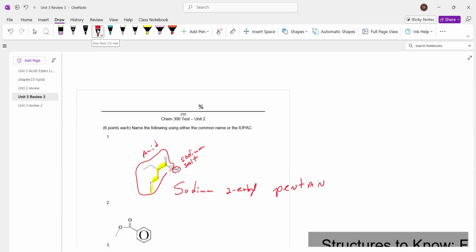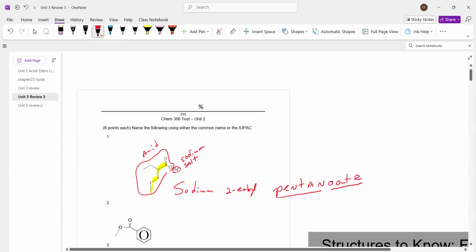And because it's a sodium salt, we name it as sodium 2-ethyl pentanoate.